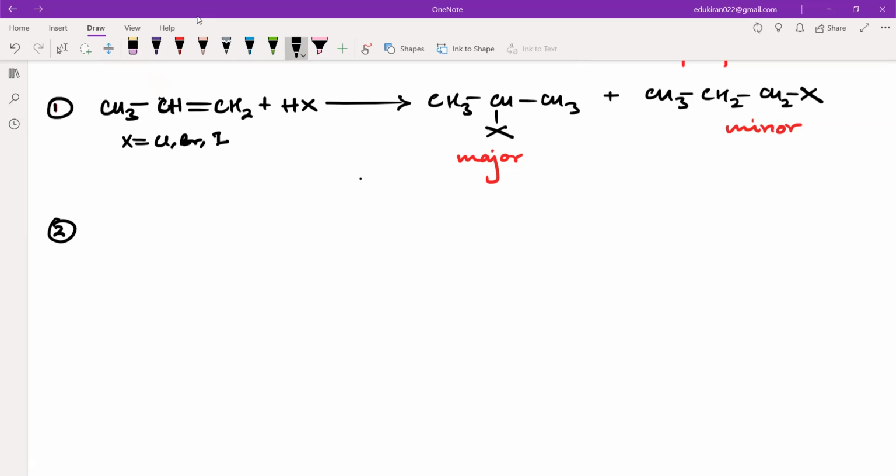Now the second thing is that I want all of you to remember this reaction: CH3 CH double bond CH2 plus HBr.